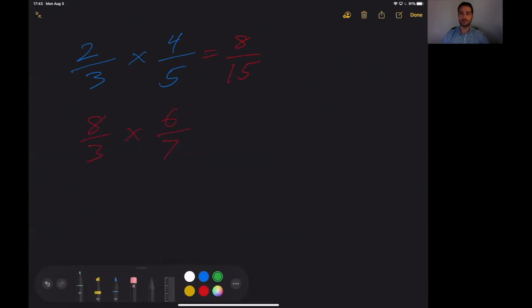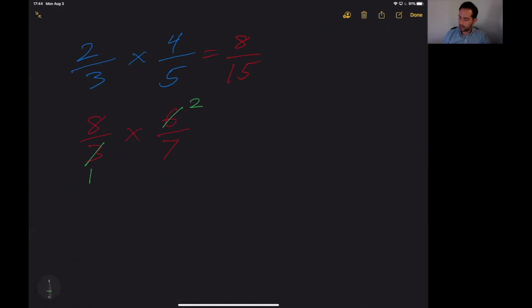Is there a number that goes into 6 and 3? There is: 3. So we do 6 divided by 3, and we get 2. And then we do 3 divided by 3, and we get 1. So we have now evened it out by dividing the top and the bottom by the same number, which was 3.